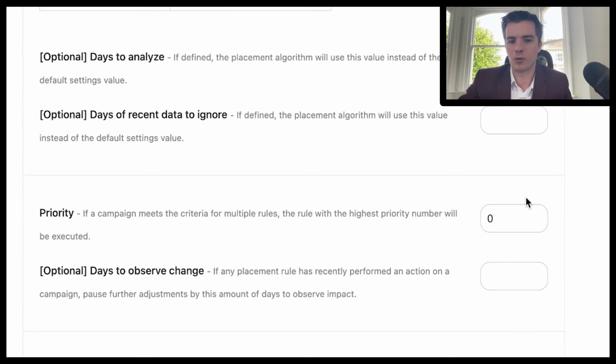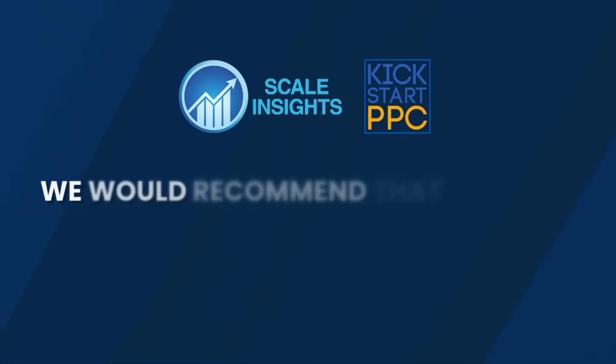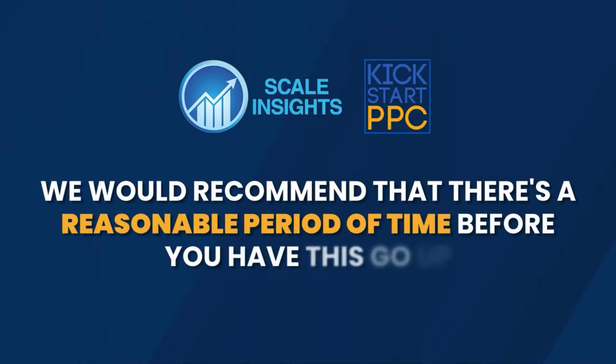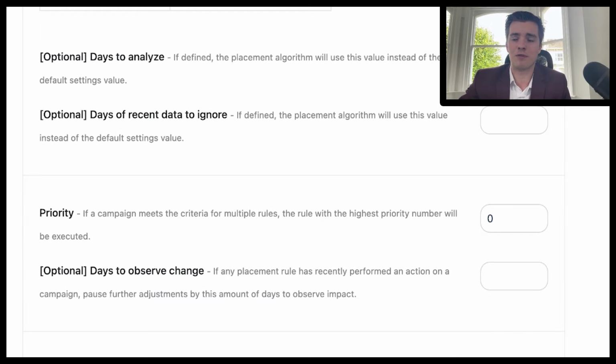And then, of course, you can have the days to analyze. So you could have it that on the day, if it sees conversion rate high, that changes the bid. But we would recommend that there's a reasonable period of time before you have this go up. If, say, for example, you've updated one of the main images on your product, conversion rate's gone up, and it's been a few days, you've had enough time for it to actually perform, then that's different.